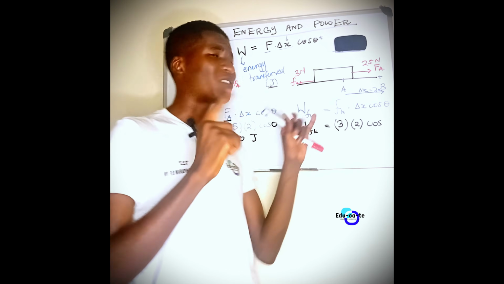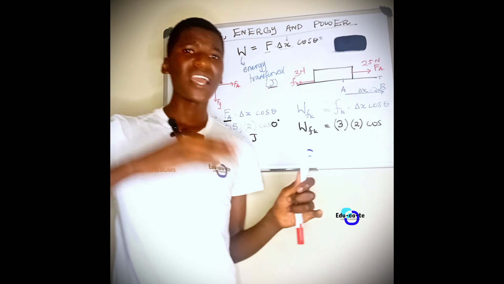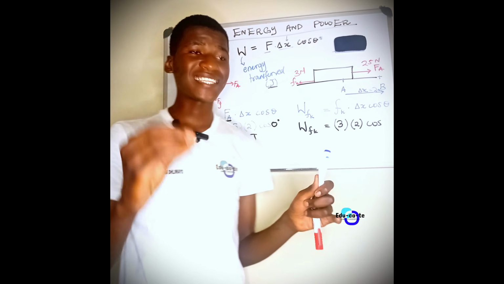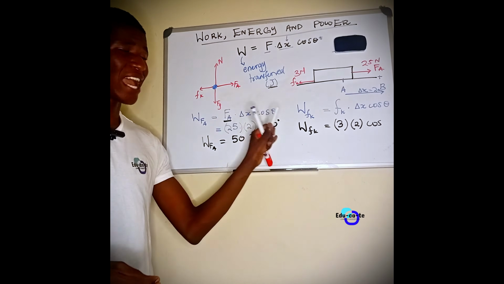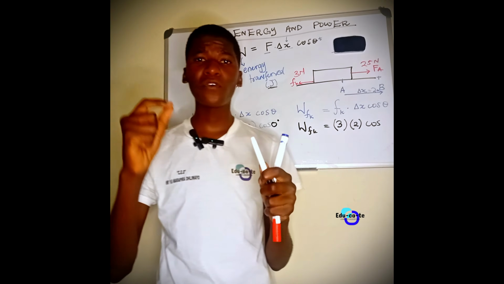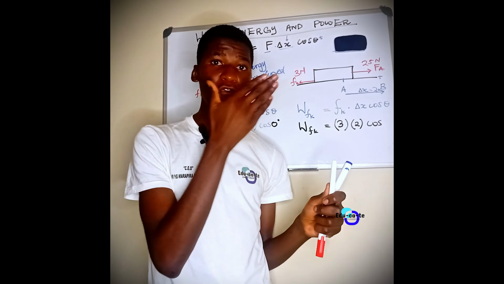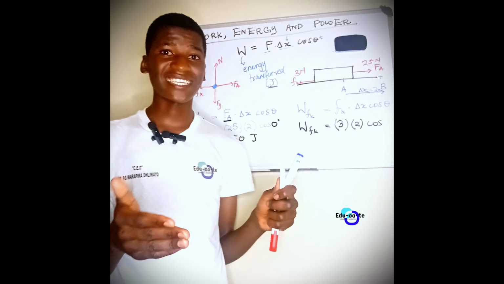If the force that is causing the work is going in the same direction as the object, we use 0 degrees. But if the force is going in the opposite direction to the movement of the object, we say it's 180 degrees.